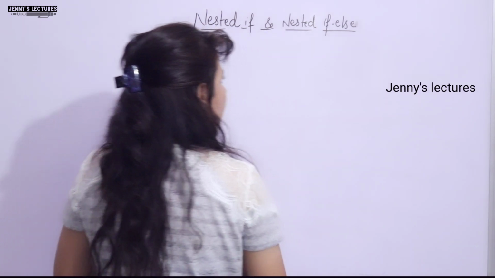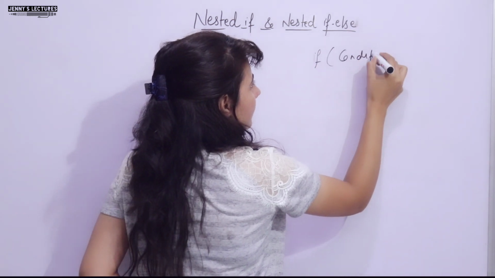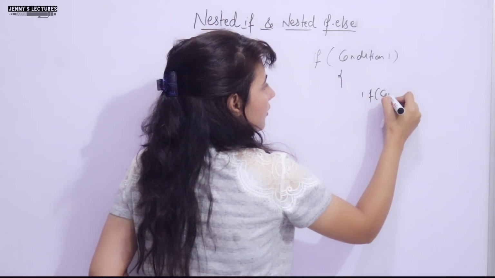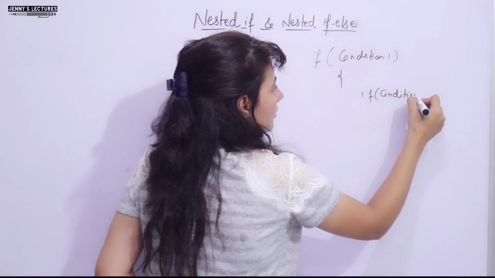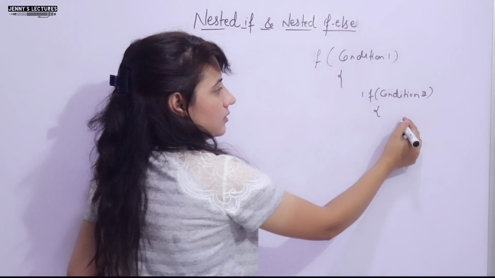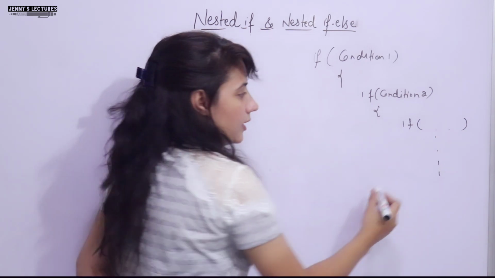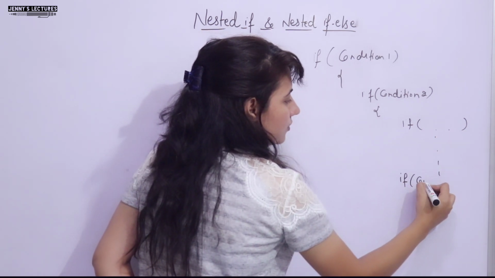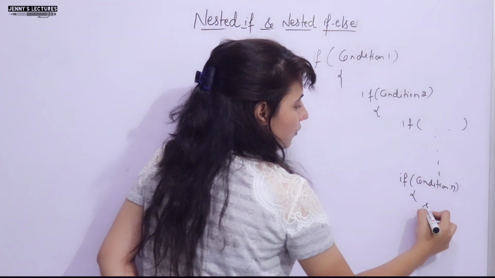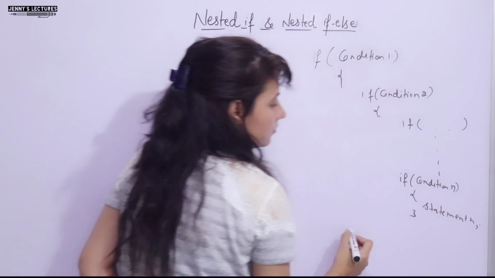So see, generally if I write down: if condition 1, then one more if condition 2, like this. If condition 3, like this it will go on, and at last suppose if condition n, and within this I am writing statement n.